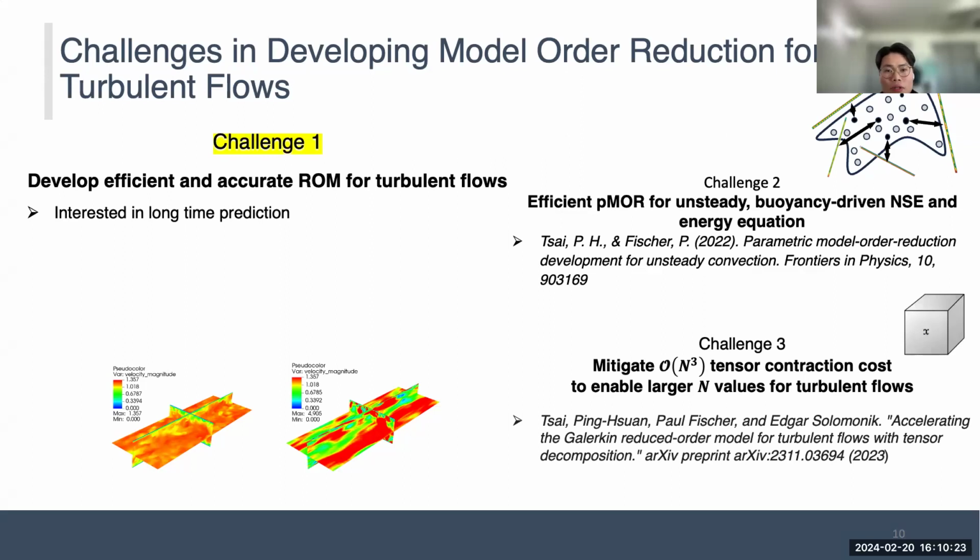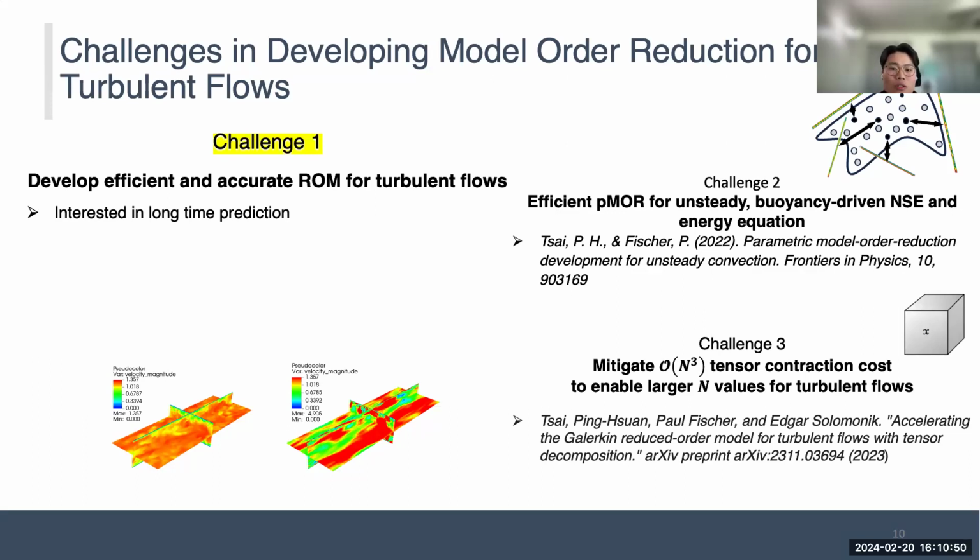Challenge two is to develop efficient PMOR for unsteady buoyancy-driven Navier-Stokes energy equations. In my PhD, we developed a parametric PMOR, an error decay PMOR using average residual, and was able to capture the bifurcation and predict QoI within 10% error.